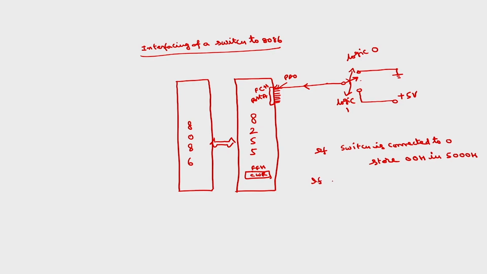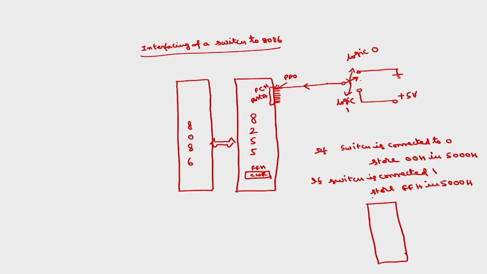If the switch is connected to logic 1, store FFH in the same offset 5000H, that is, in the data segment. Say 50,000H is the starting address.